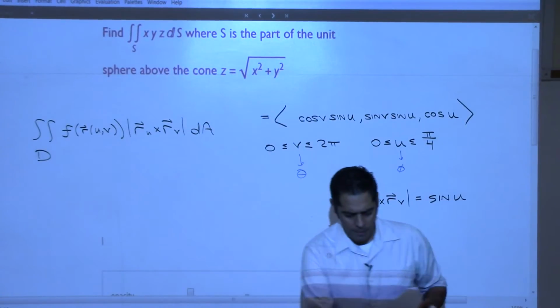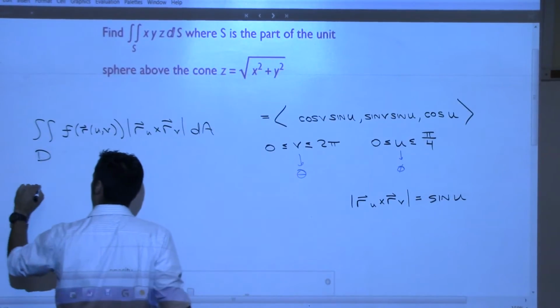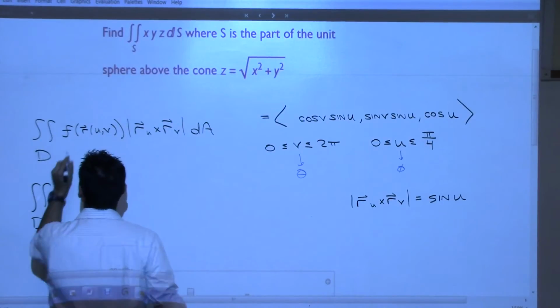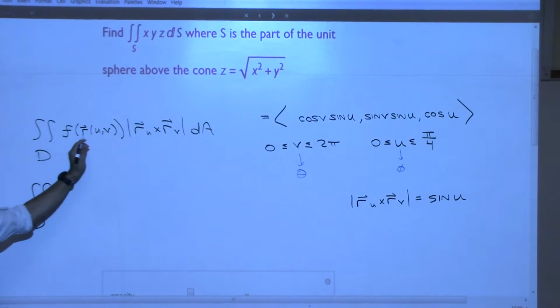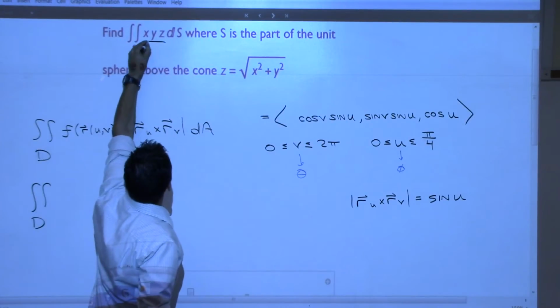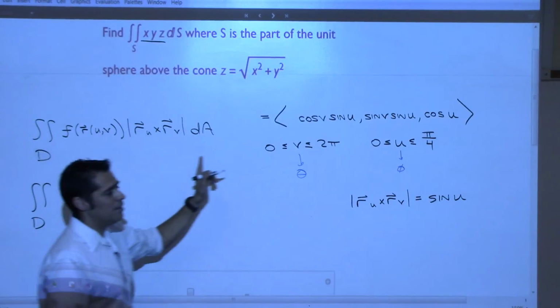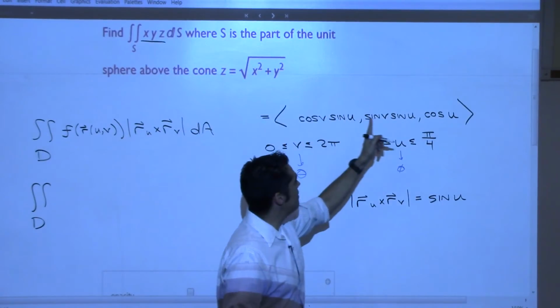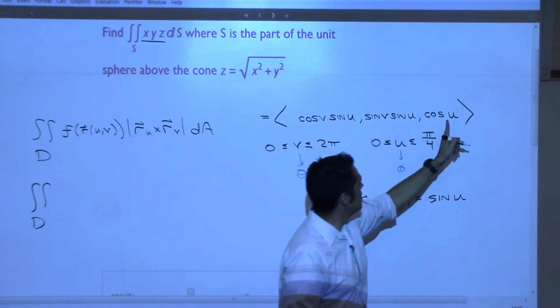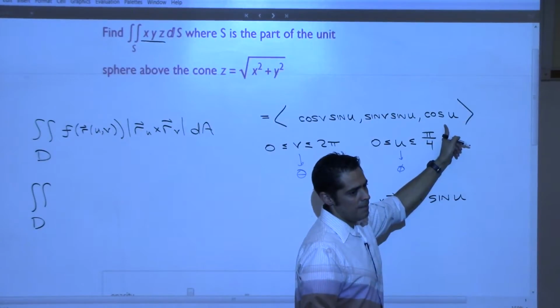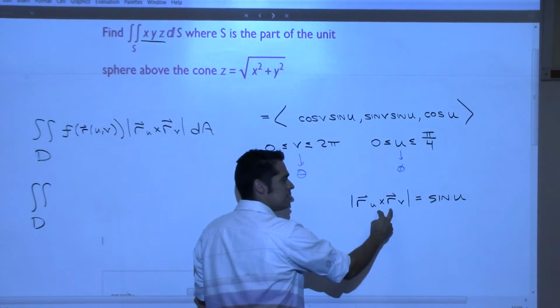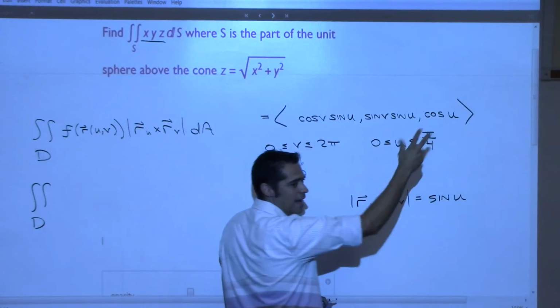plug in to our scalar function the surface. So our scalar function is x times y times z, which means I'm going to take the x component of my surface times the y component of my surface times the z component of my surface. Then multiply that times this dA.